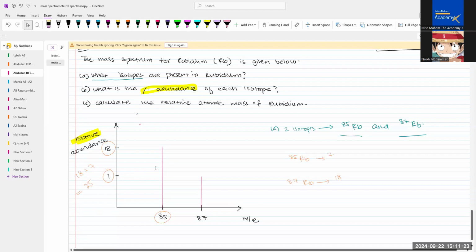So if I were to write both of these as a fraction, rubidium 85's fraction is 7 over 25, and rubidium 87's fraction is 18 over 25, right?